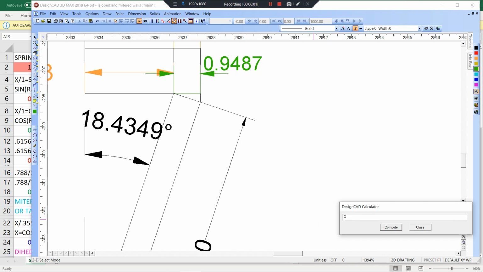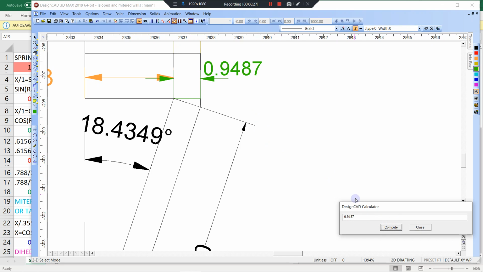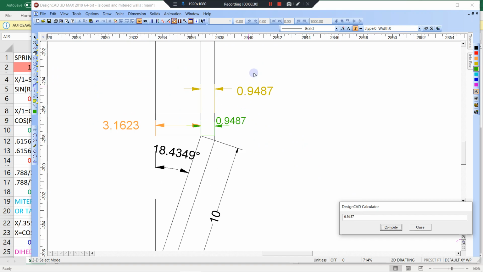So x over 1 is equal to cosine of 18.4349, and then 1 is going to go under the top, so backspace, it's times 1. Going to end up with 0.9487. Okay, so that's where those two come from.